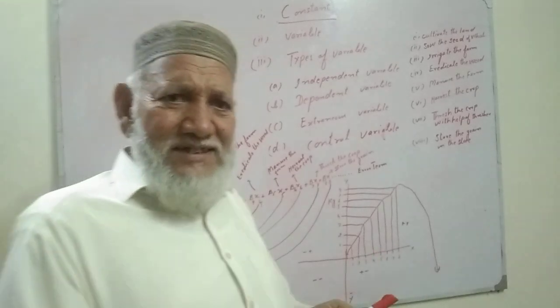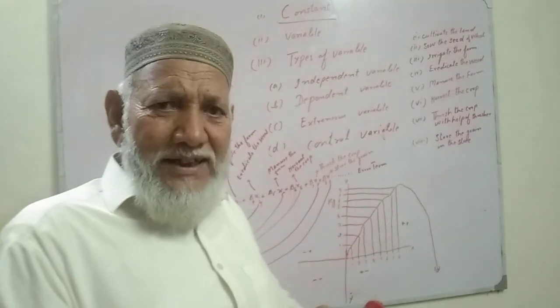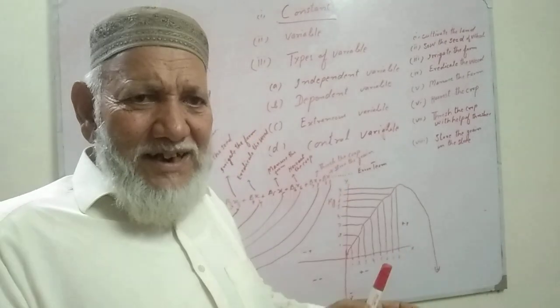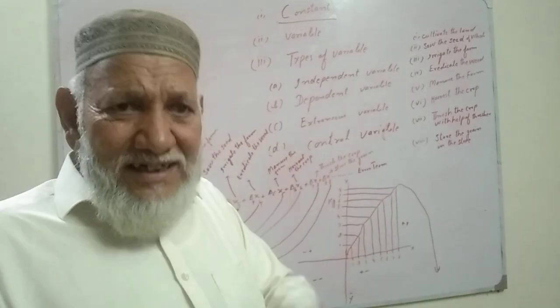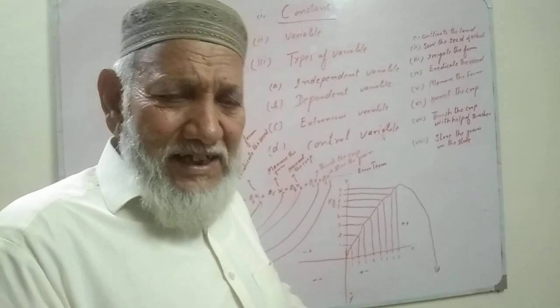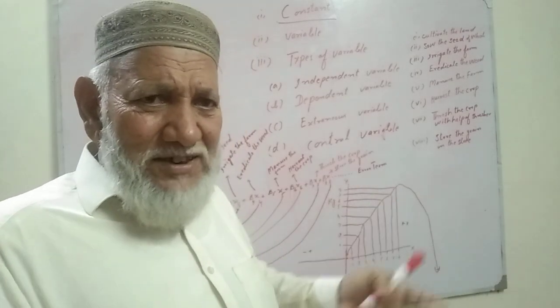A similar situation is also seen in the rural areas of Pakistan. The farmers are very poor and they do not supply manure to their fields, and because of this their production is less.